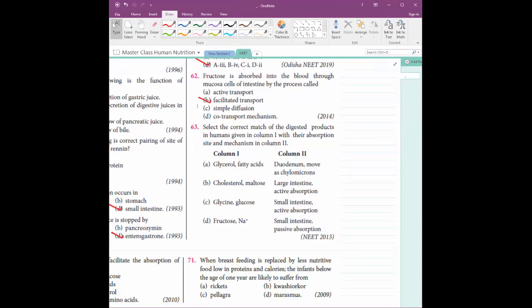So guys, what do you think? You have to see, column one is the product with their absorption site, and the mechanism is in column 2. So absorption and mechanism, what do you think?